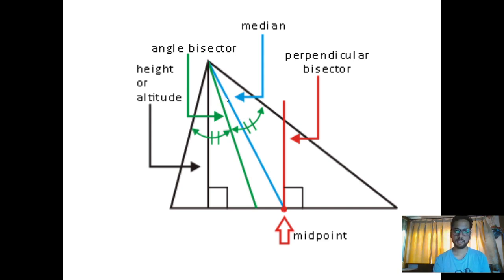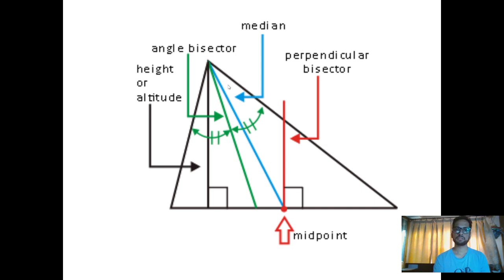But in this case, it is a scalene triangle. The line which goes from the vertex, see, this is a vertex, to the midpoint of the opposite side is known as the median. This can be the same for this vertex also. So the median will go like this, to the midpoint of this side.